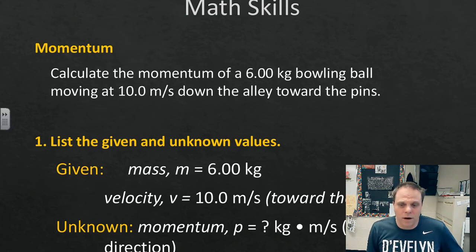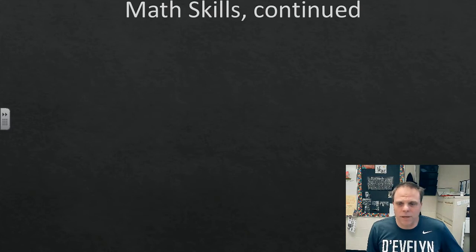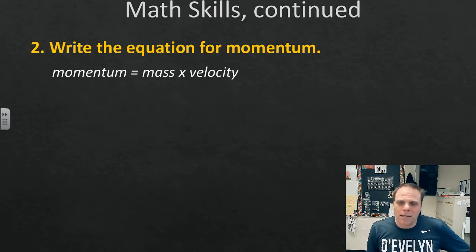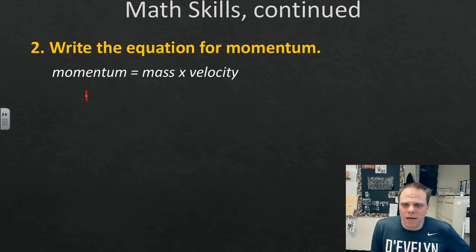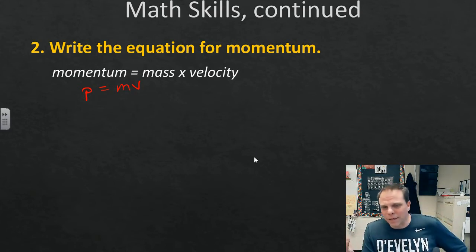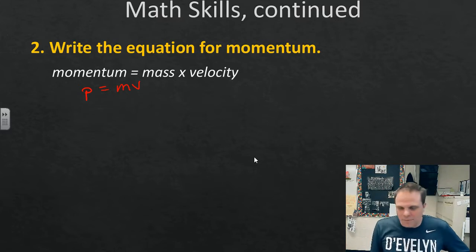And now we have to do our equation, right? So our equation is mass times velocity. And remember, this is kind of an unusual symbol. P stands for momentum. You're like, what? Where'd that come from? It's okay. I know it's weird. But yeah, P is momentum. It actually, I think, is the Greek origination, but don't worry about it.